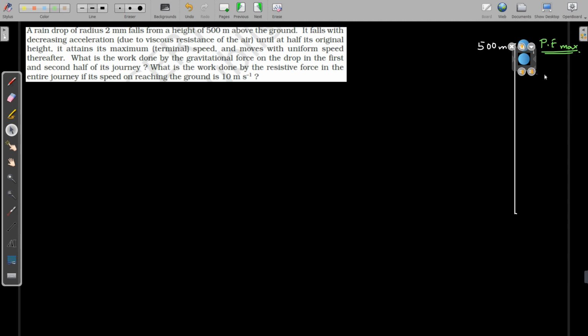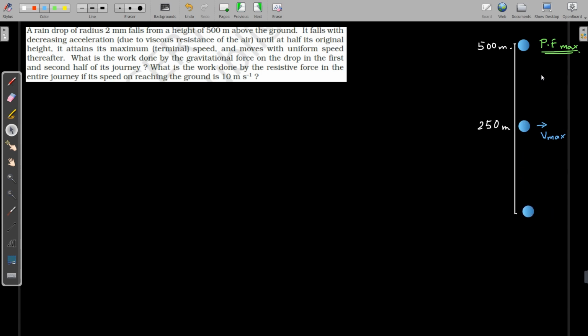So velocity increased, but a time has come when it has reached half that height, that is the 250-meter mark. The velocity it reached is called terminal velocity, that is the maximum velocity. And then further, this raindrop carried on with the same velocity.